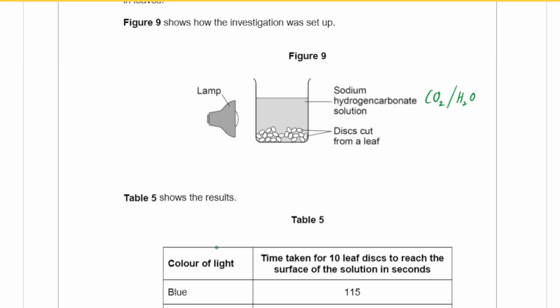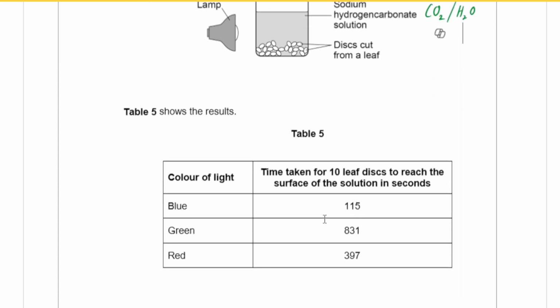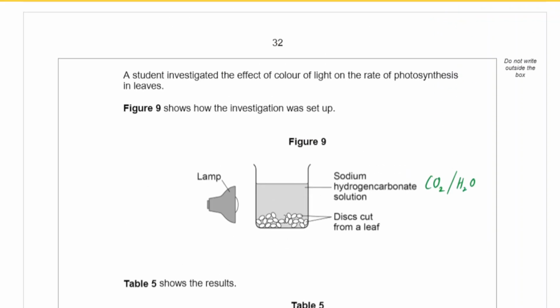And the results, table 5 shows the results. Color of light, time taken for 10 leaf discs to reach the surface of the solution in seconds. Now, what does this actually mean? So when these leaves are photosynthesizing, they are going to produce oxygen. Now, that oxygen might not actually be given out, so you might not actually see bubbles of oxygen.